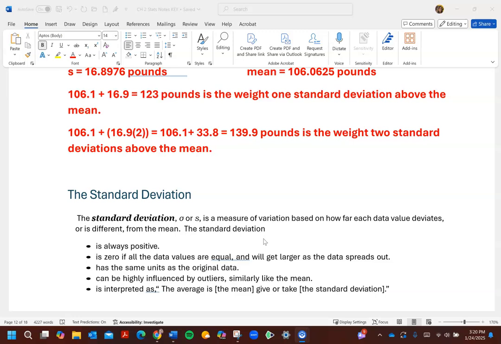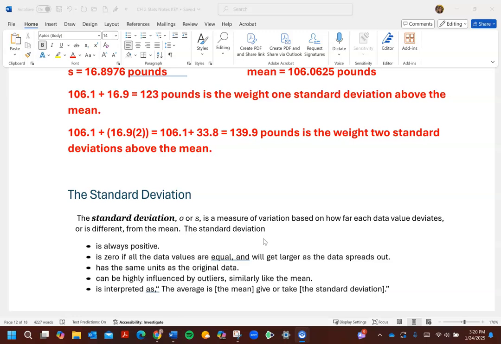It's 0 if all the data values are equal and will get larger as the data spreads out. It has the same units as the original data. That's why I made sure I put pounds on there. It can be highly influenced by outliers, similar to the mean.